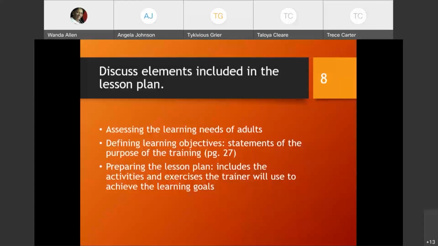Cognitive objectives relate to behavior changes, and they normally result from learning new facts. An example of a cognitive learning objective is: parents will define self-esteem and discuss 3 ways they can help their teens build strong self-esteem. That's an example of a cognitive objective.